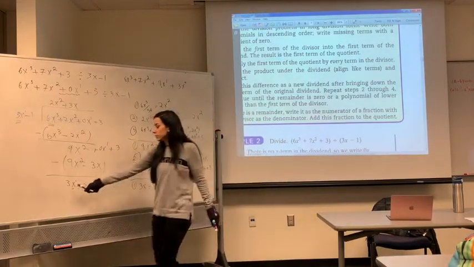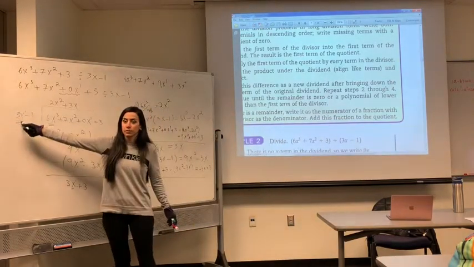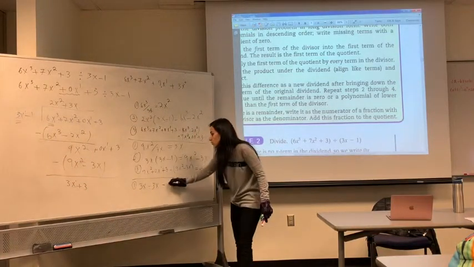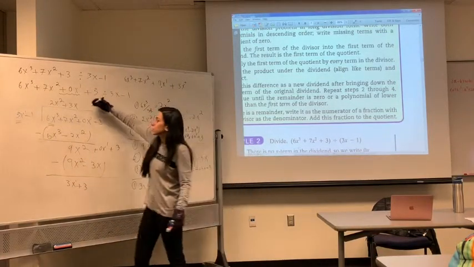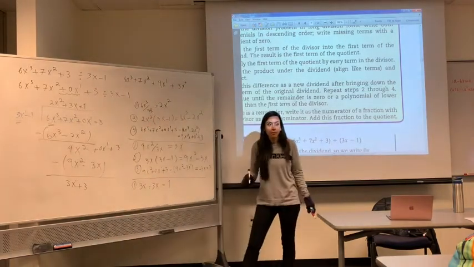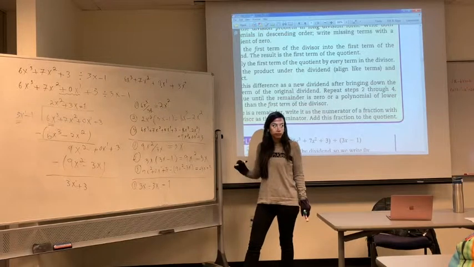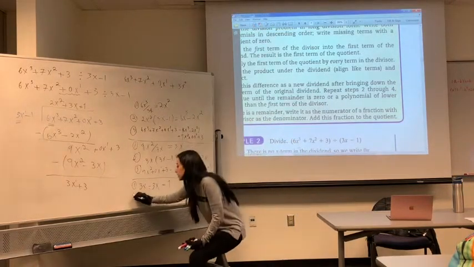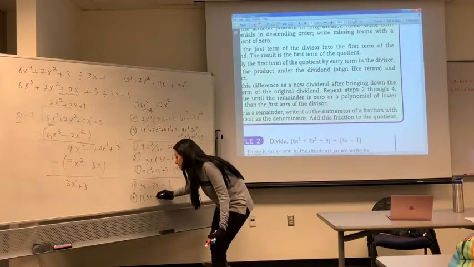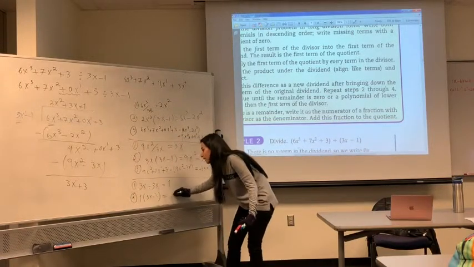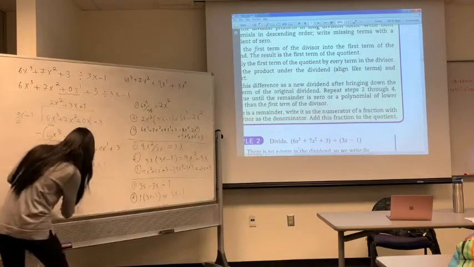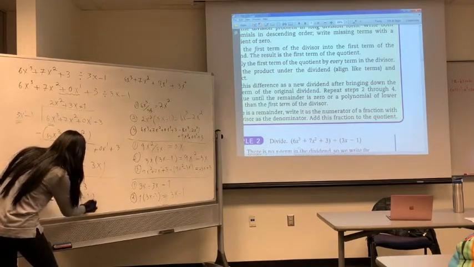I'm dividing this one by this one, so 1 goes here. Then 1 multiplies the divisor, and we have 3x minus 1, which goes here.